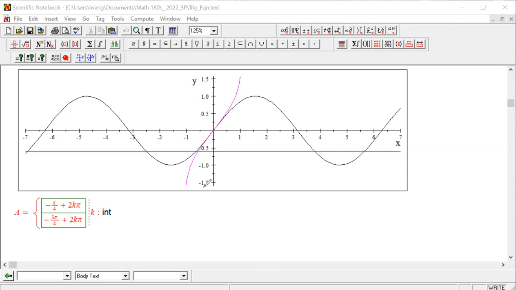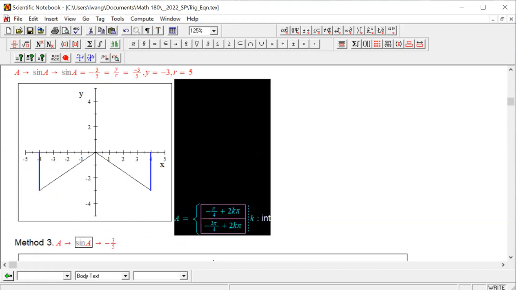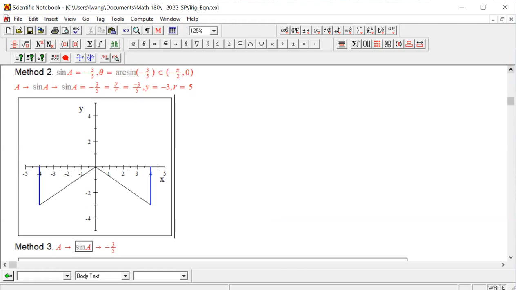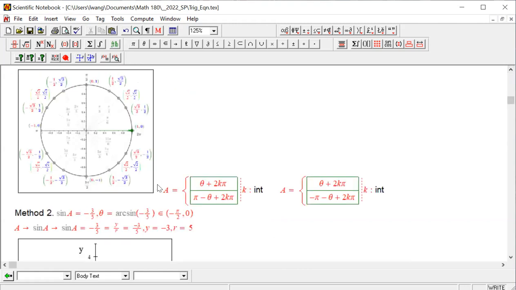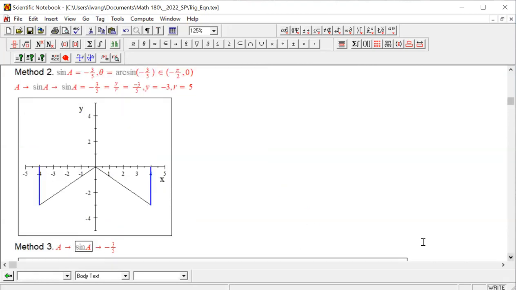Oh, wait, sorry, I copy and paste the wrong thing. Did I? Oh, that's terrible. Oh no, not this one, my bad. I'm sorry. Okay, I'm gonna copy this version of the solution. Forgive me, okay? So this is the solution.